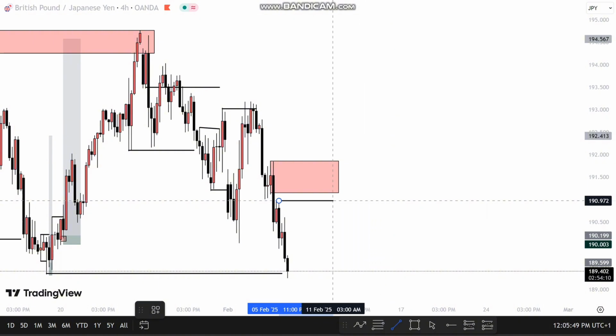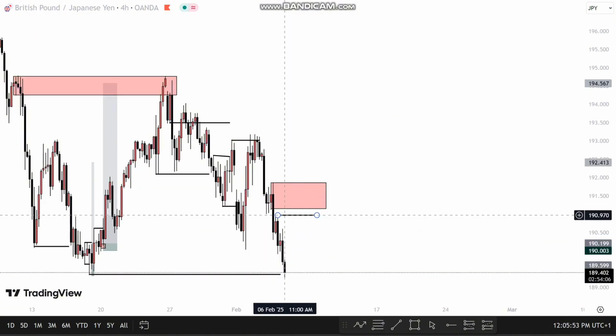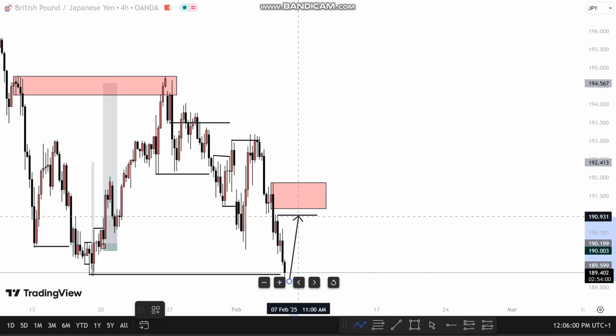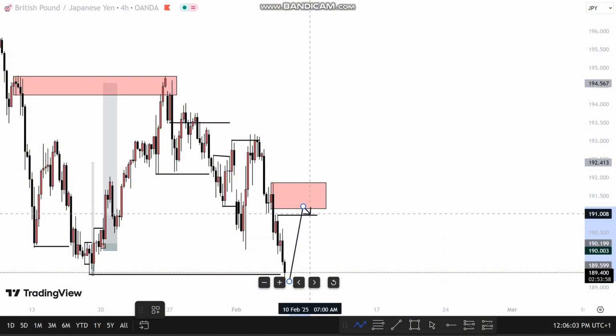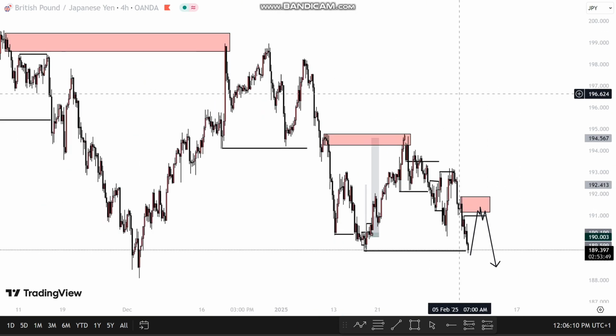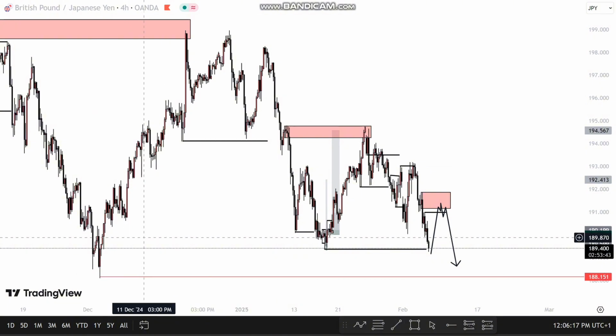These legs of, you can see this high along this range. So price came, I would like for price to come here, break structure lower, then take out this high, then change character on the lower time frame for us to look to sell to the higher time frame. As you can see, it's just very simple, and I see price still coming to take these lows. So it's just very simple.